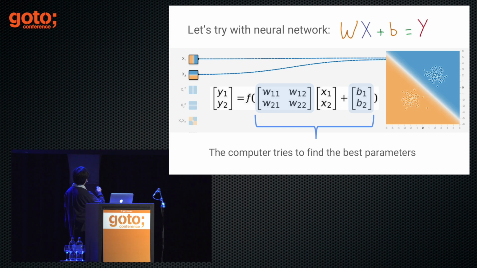And if it's a child, then you would have one here. And the thing is that the computer tries to find the optimal combination of the parameters, such as the weights and biases, by itself. You don't have to think about what kind of parameters you have to set in neural networks. Computer does it for you.